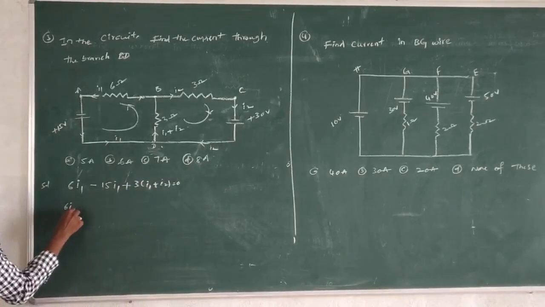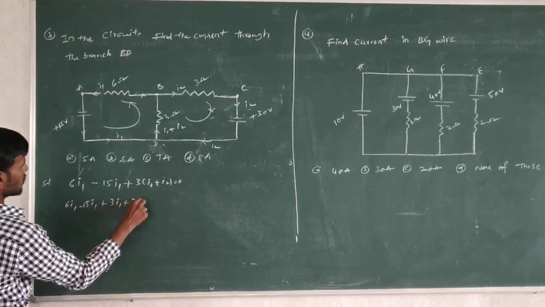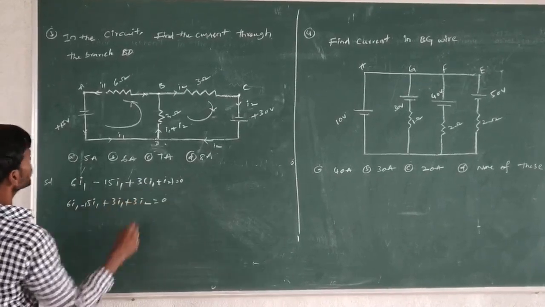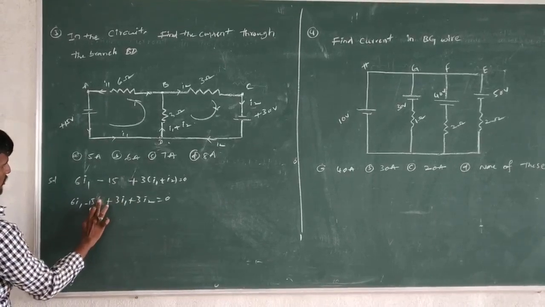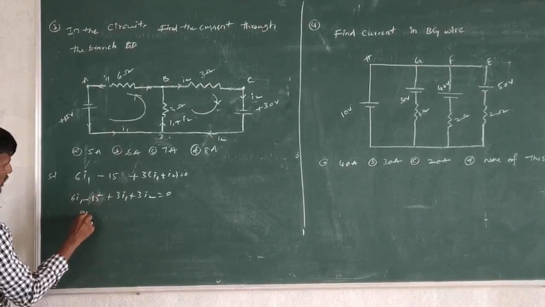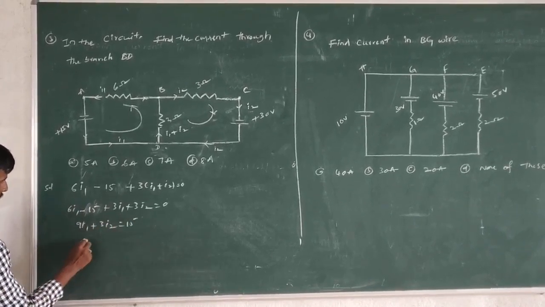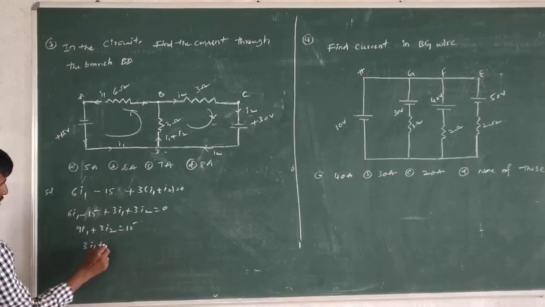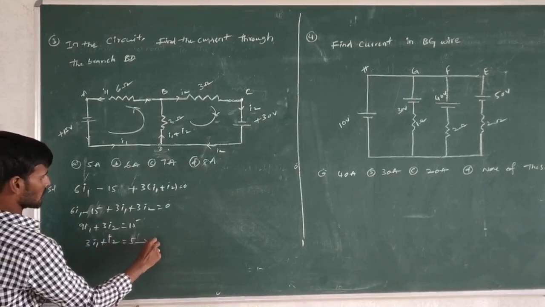So 6I1 minus 15I1 plus 3I1 plus 3I2 is equal to 0. Sorry, this is minus 15. So 9I1 plus 3I2 is equal to 15, so 3I1 plus I2 is equal to 5. This is equation 1.